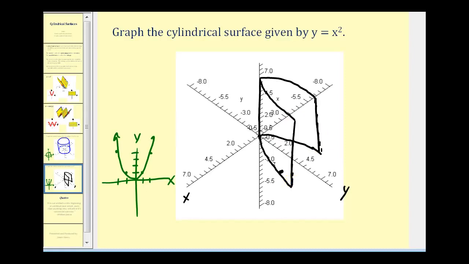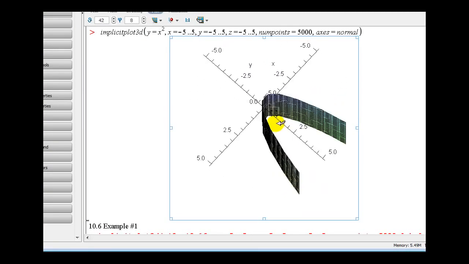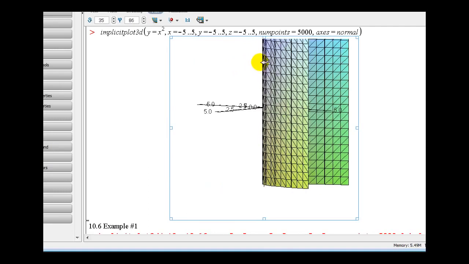Looks something like this. And again, if we were to sketch the rulings they would run parallel to the z-axis like this. Again, let's go ahead and take a look at this using Maple. Again, here's a graph of y equals x squared. If we rotate this around, you get a nice perspective of this in space.